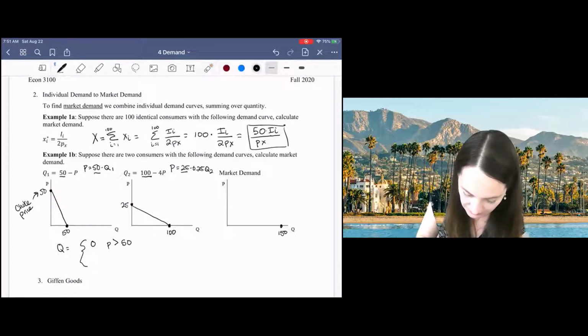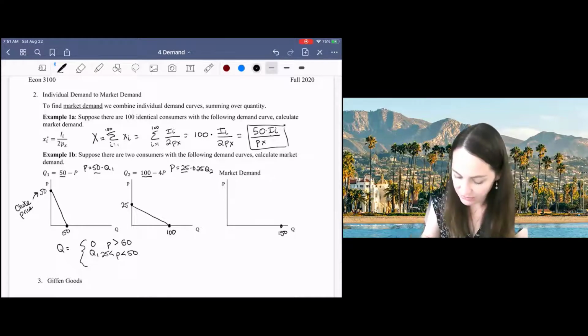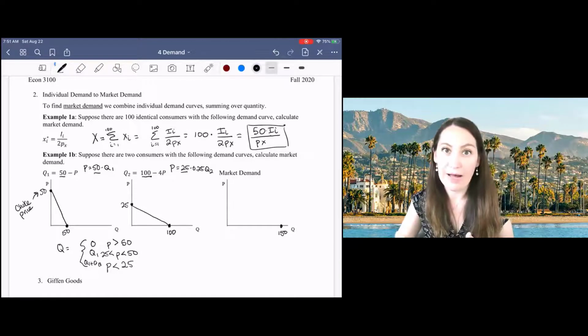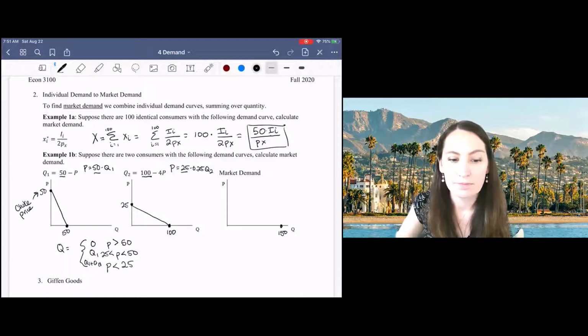So this is just going to be Q1 for prices between 50 and 25. And then for prices less than 25, we'll have Q1 plus Q2. Both people will buy some of this product.